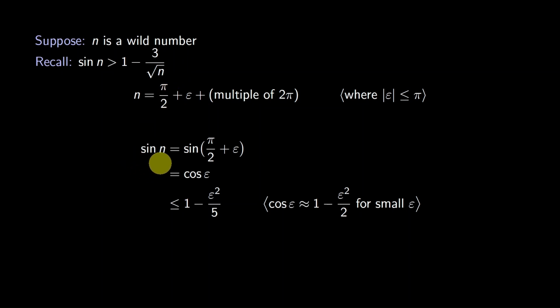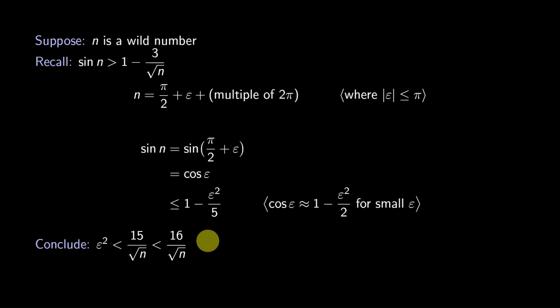On the other hand, sine n is at most 1 minus epsilon squared over 5. That means epsilon squared over 5 is less than 3 over the square root of n, which simplifies as follows. Epsilon squared is less than 15 over square root of n. Let's replace the 15 with 16 to get a perfect square. So epsilon is small, as we wanted. In absolute value, it's at most 4 over the 4th root of n.